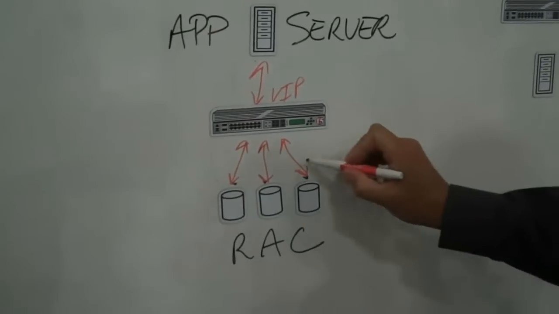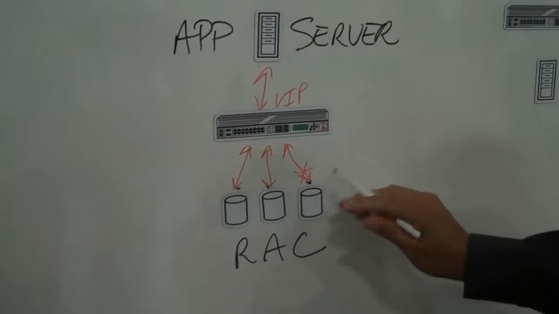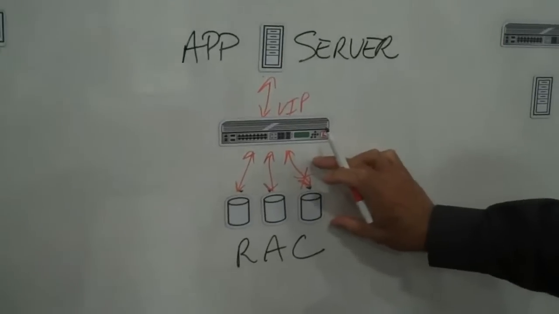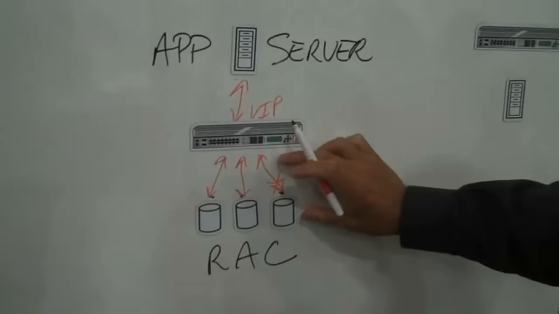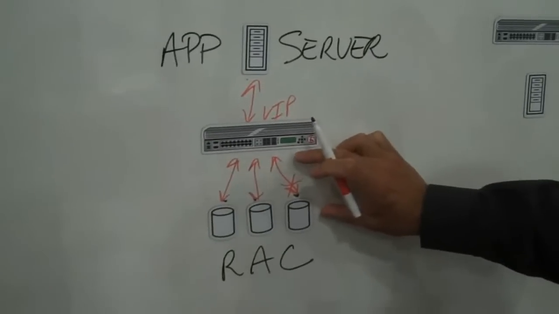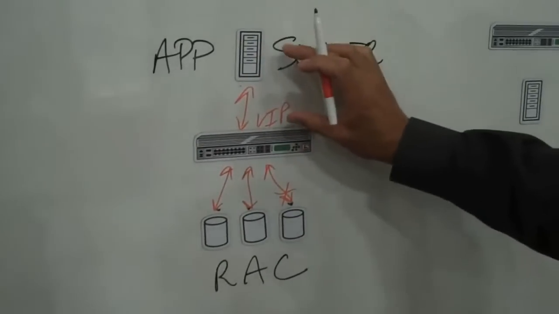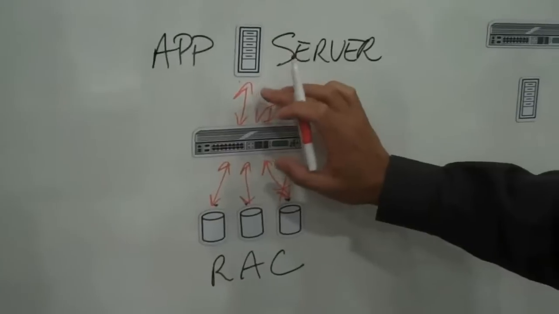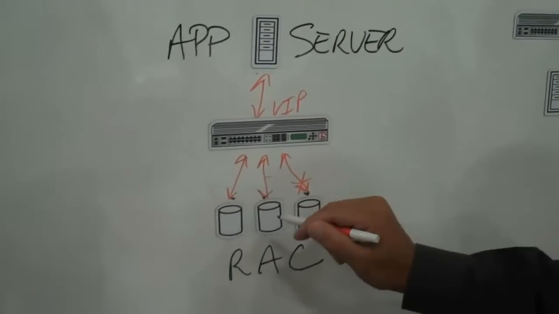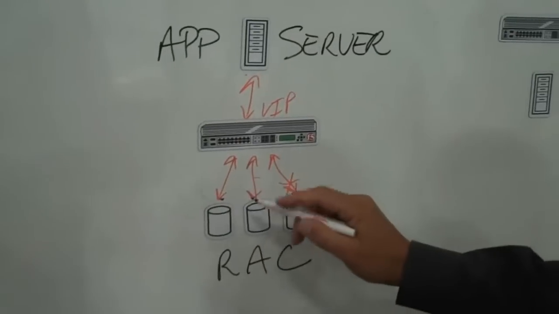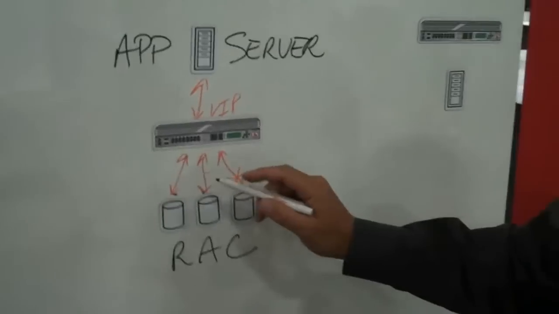What that means is, when there is a problem with one node, the connections to the database server itself are going to time out much faster. Meanwhile, the application server still has a healthy connection to the F5, and doesn't know that there's been a failure in one of the nodes in the RAC cluster, because the F5 can send traffic to the 2 or 3 or however many other RAC nodes that you have.